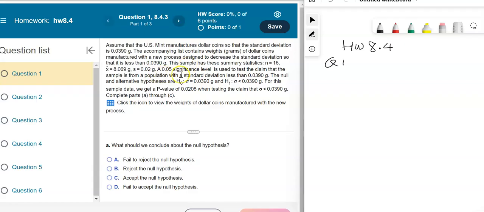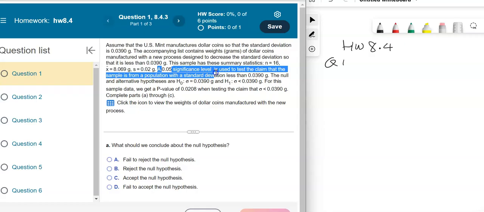So we have this summary: n is 16, the mean and standard deviation, and it says use a 0.05 significance level to test the claim that the sample is from a population with a standard deviation less than 0.039.